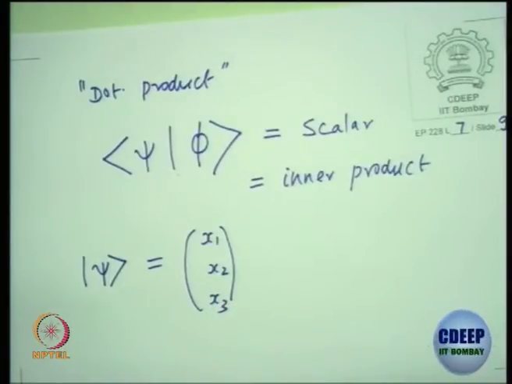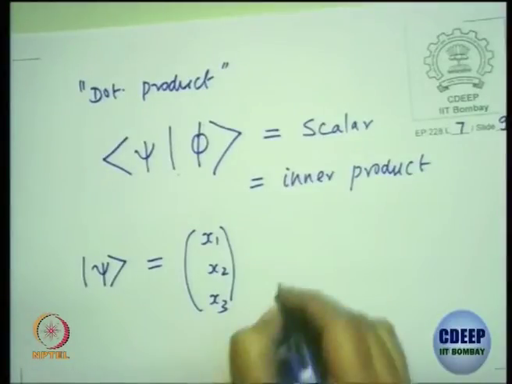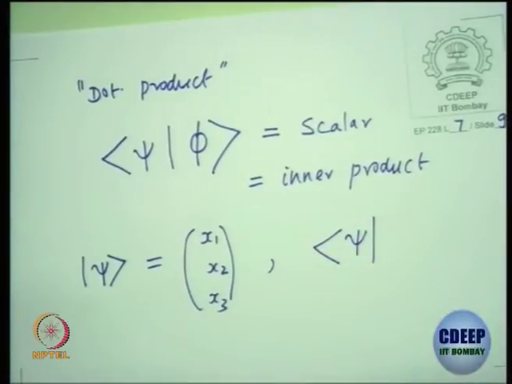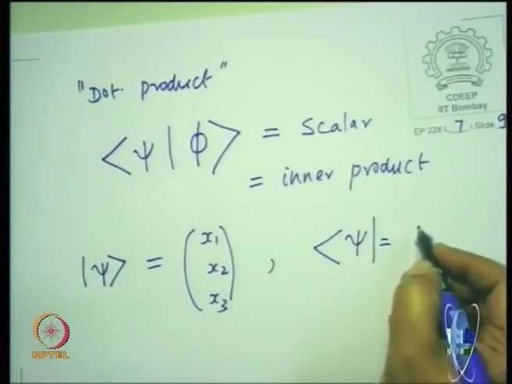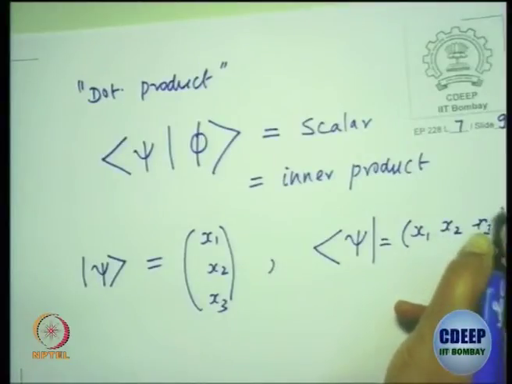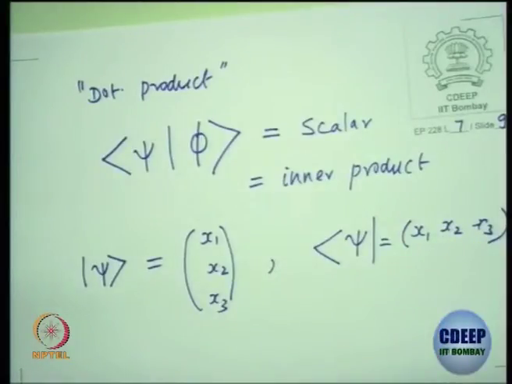Then to get a number, you are all familiar with matrix mechanics. The corresponding dual vector will be denoted by x1, x2, x3. These are elements of R3, that means real entries. The corresponding dual vector is a row. We have all done this many times.